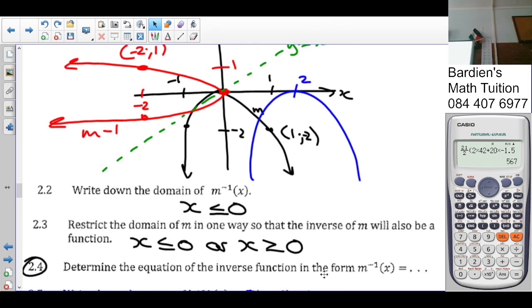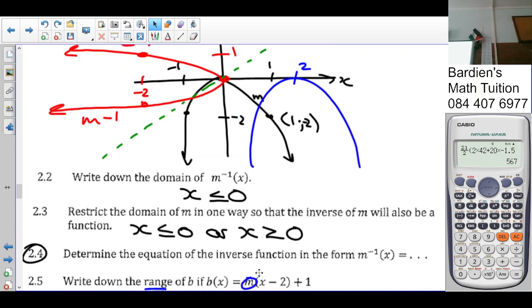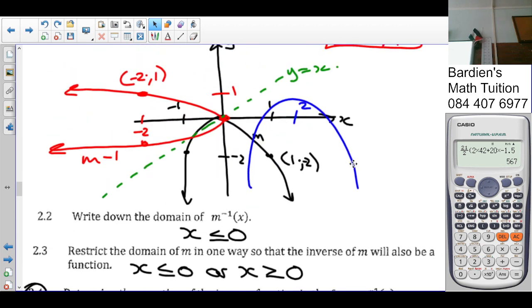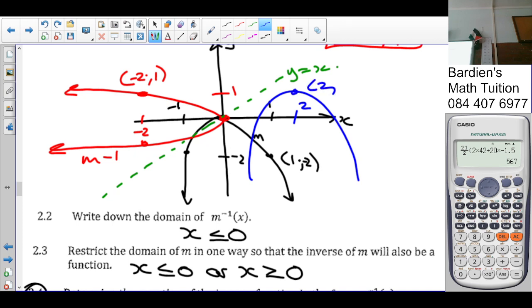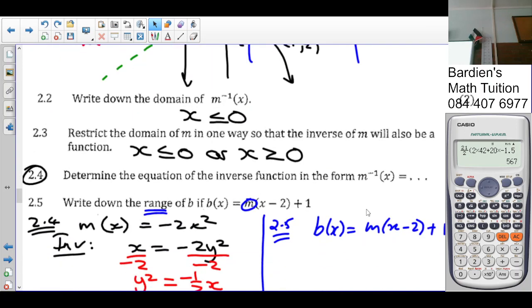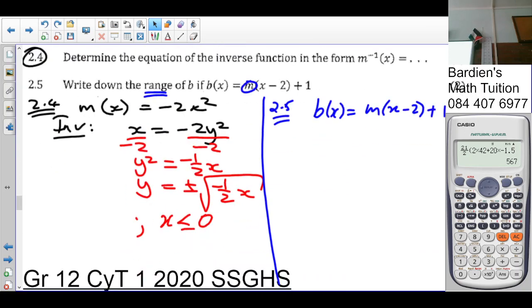Y is still less than or equal to 0. So what effect does that plus 1 have on the graph? This graph is going to move 1 unit up to this point here, which is 2 and 1. So what's the range of that graph now? Y has to be less than or equal to 1.